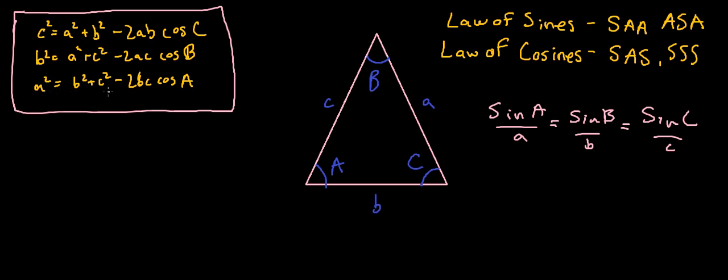I know A, B, and C, I know all of these. So I would insert these numbers into these formulas, and then I would be able to solve for whichever one I put in. Suppose I did A first, this bottom one. I would put all the sides in, and then I would solve for cosine A. And then I would have angle A.